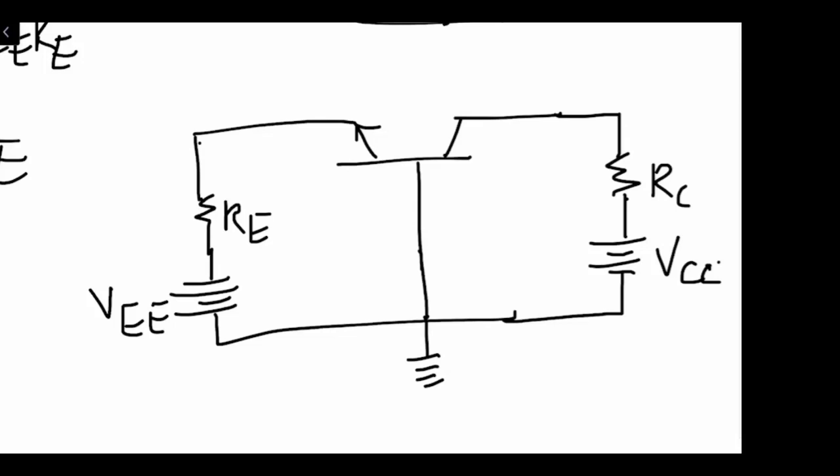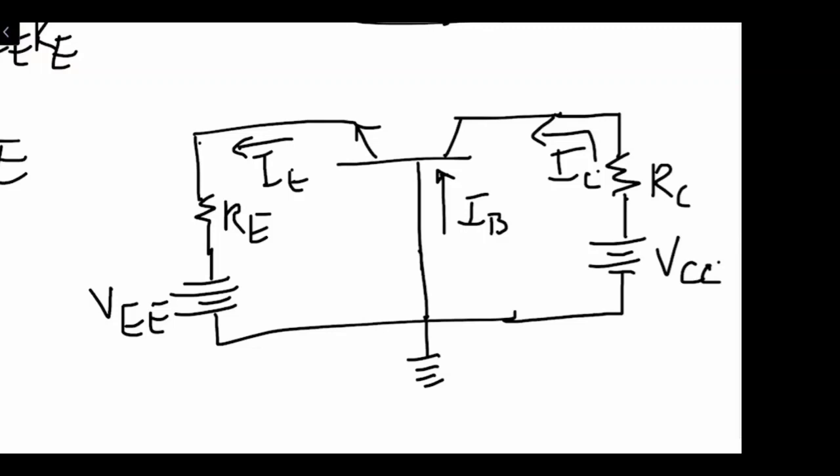Now if we try to label it, the current which is flowing in the collector is IC, the current which is flowing in the base is IB, and the current which is flowing in the emitter leg will be IE, right?